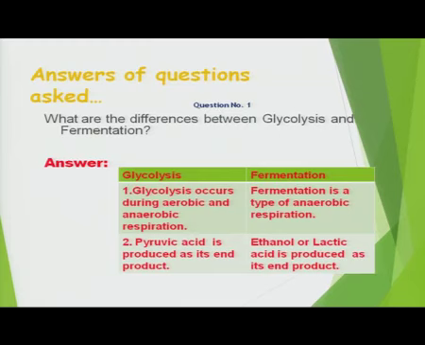In both cases, glycolysis is the common pathway, and fermentation is a type of anaerobic respiration. Next difference is that pyruvic acid is produced as the end product of glycolysis, whereas the end product of fermentation is ethyl alcohol, that is ethanol, and lactic acid.